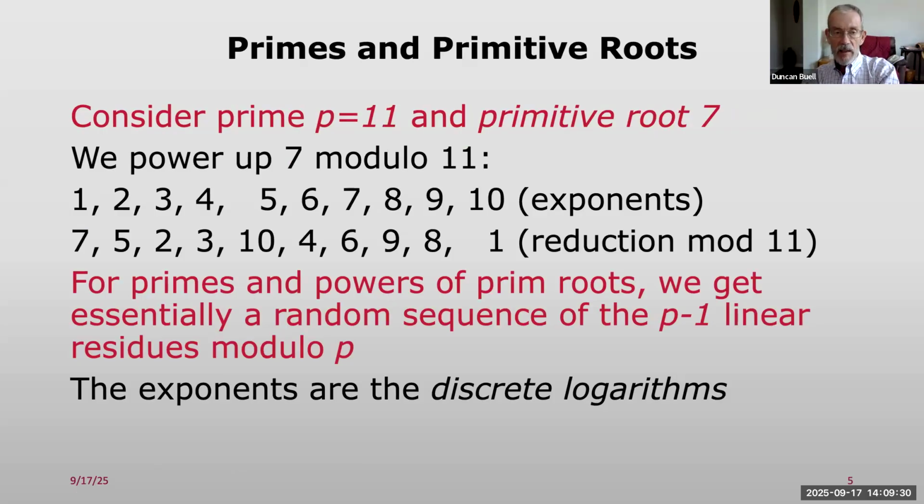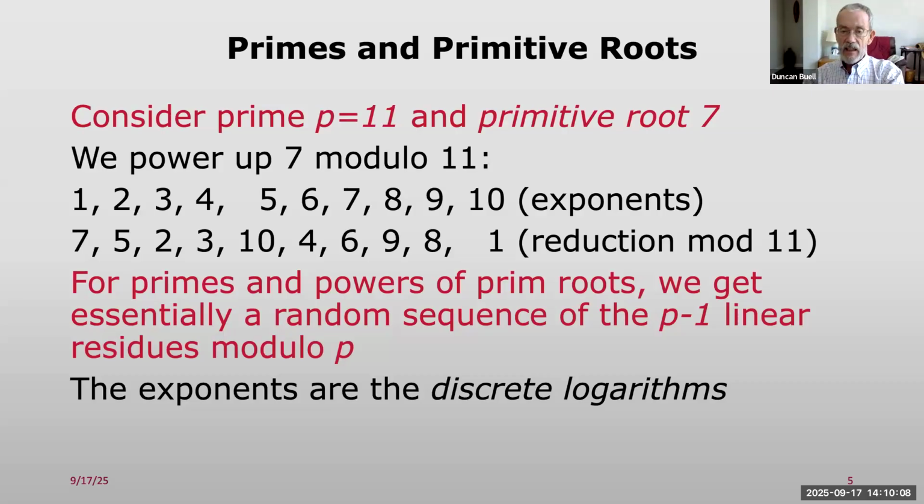So the number theoretic things: if you consider a prime P, 11, all primes have a large number of primitive roots. For 11, 7 is a perfectly fine primitive root. And if you power up 7 modulo 11, 7 squared is 49 minus 44, which is 5 mod 11. 7 times 5 is 35, minus 33 is 2. 7 times 2 is 14, minus 11 is 3, and so forth.